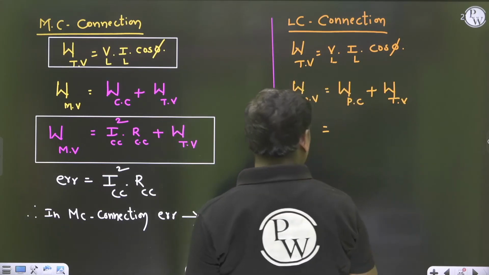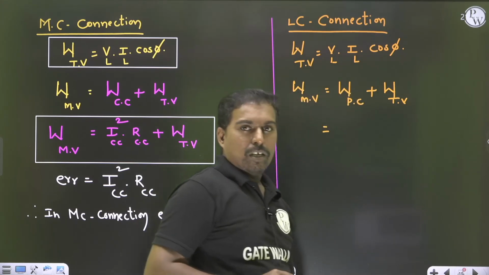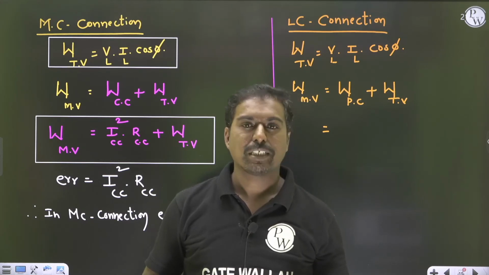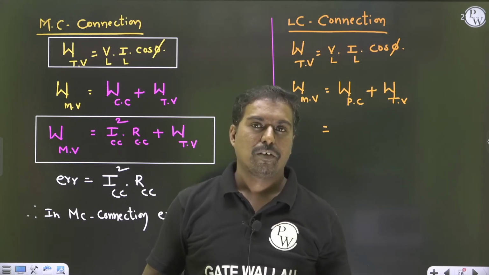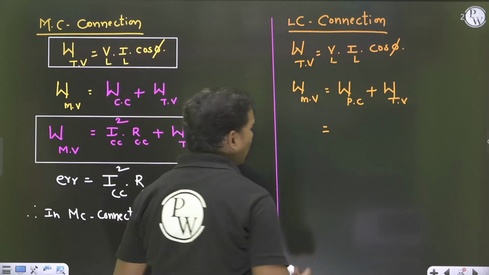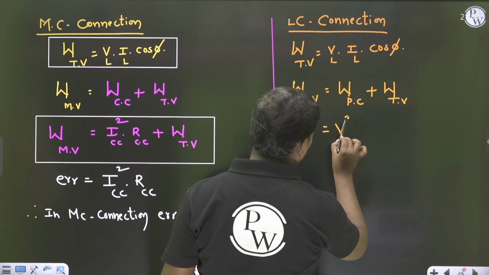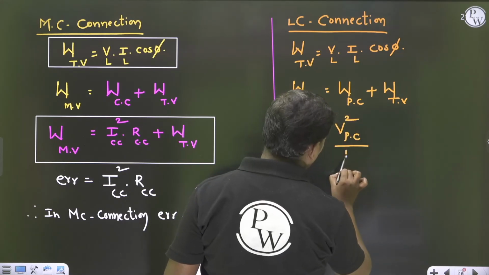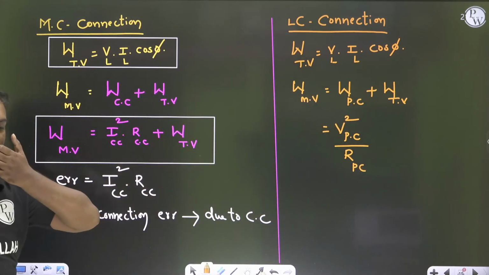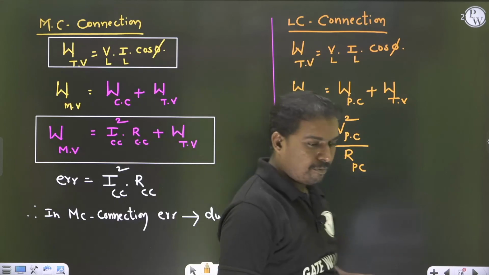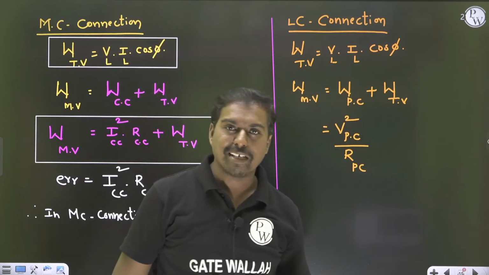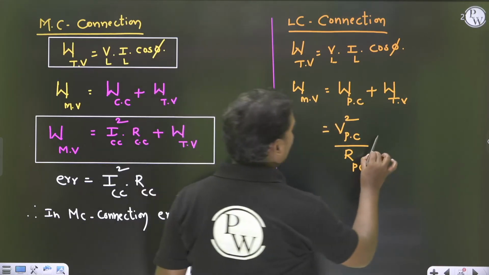What is the power consumed by the potential coil? Power is equal to voltage into I, and I is equal to V by R. So this is V square by the resistance of the potential coil. Power is equal to V into I, I is equal to V by R. So V square by R plus the true value.